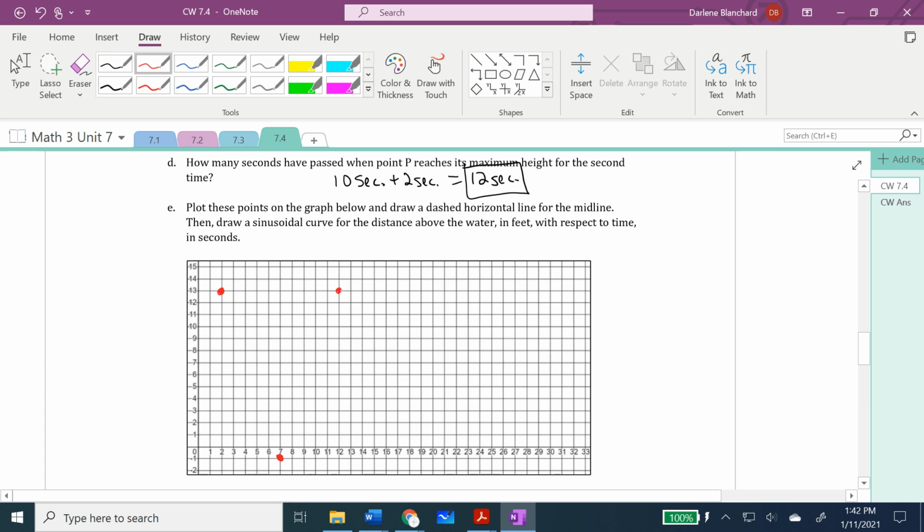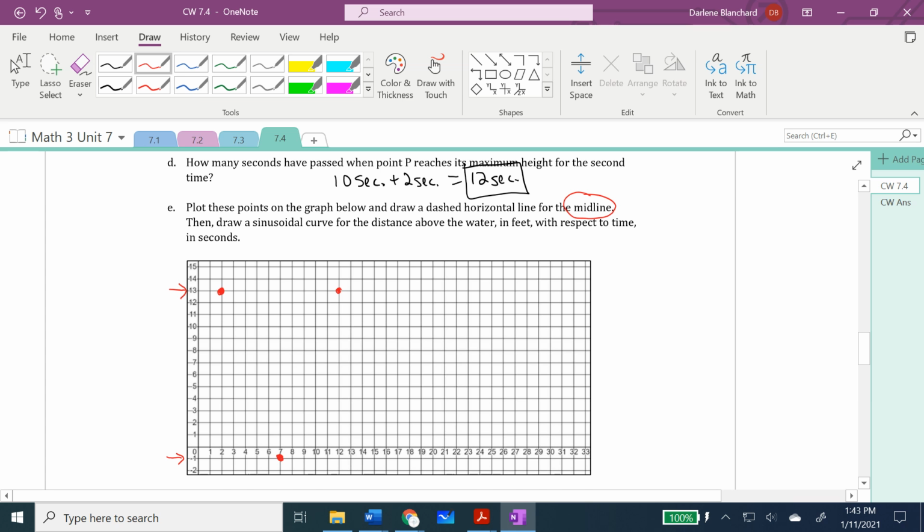By getting those 3 points plotted, I can see a little bit better what I'm working with. And I'm going to draw a dashed horizontal line for the midline. The midline is going to be halfway between 13 and -1.